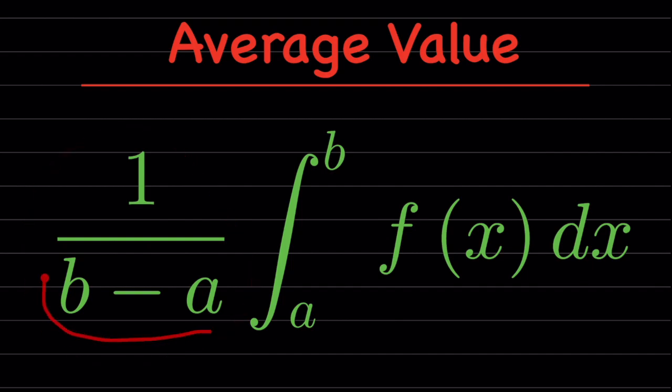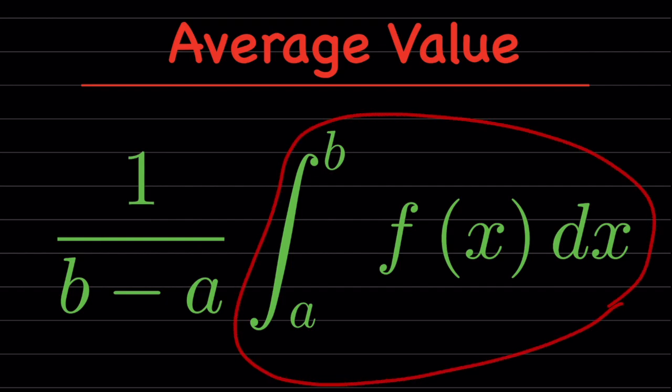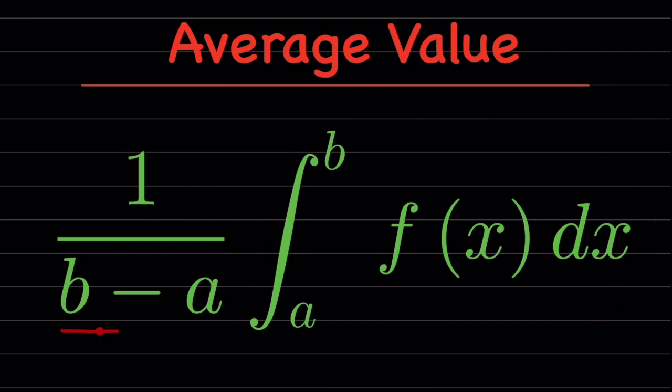And notice that b minus a is the length of this interval [a, b]. So the average value of the function f over the interval [a, b] is simply the definite integral over that interval divided by b minus a.